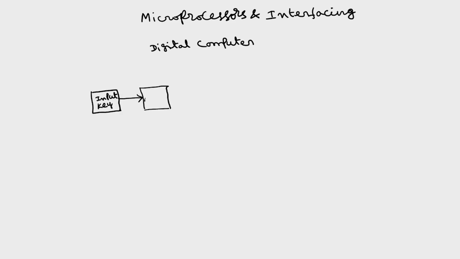First I will give the introduction to the microprocessor. What is a microprocessor? If you consider a digital computer block diagram, what are the different blocks in a digital computer? You require some input device through which you will take the data, input devices such as keyboard and mouse, and this input data will be given to an ALU, arithmetic logic unit, which performs various arithmetic and logical operations.